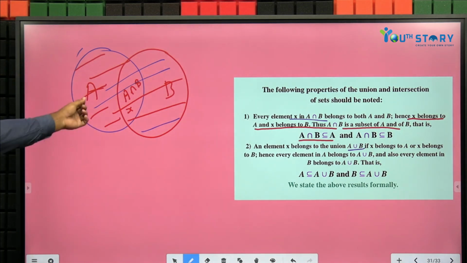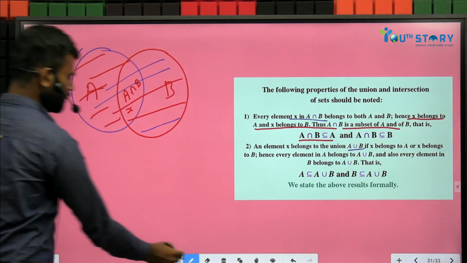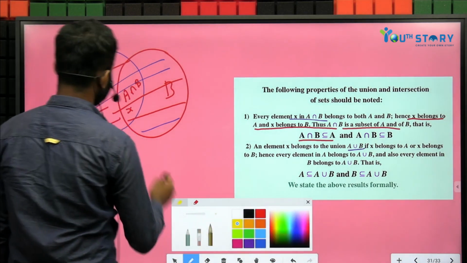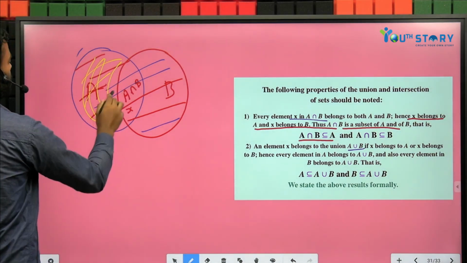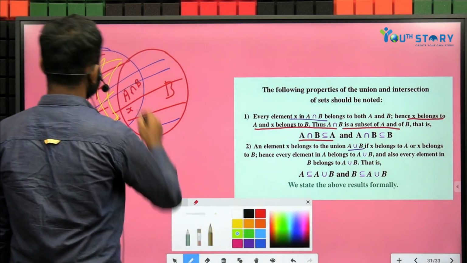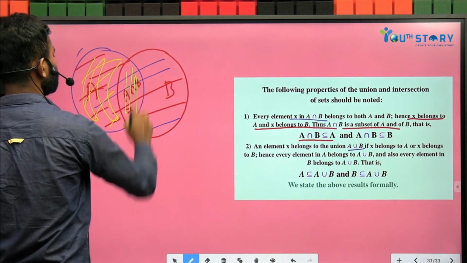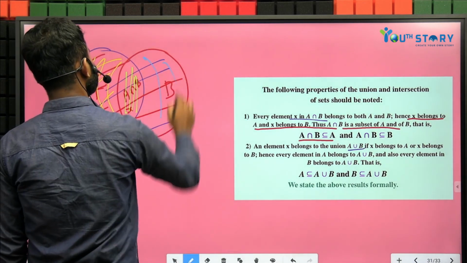If X belongs to A union B, then this X has three choices: either this X is in this part, or this X is in this part, or this X is in this part.